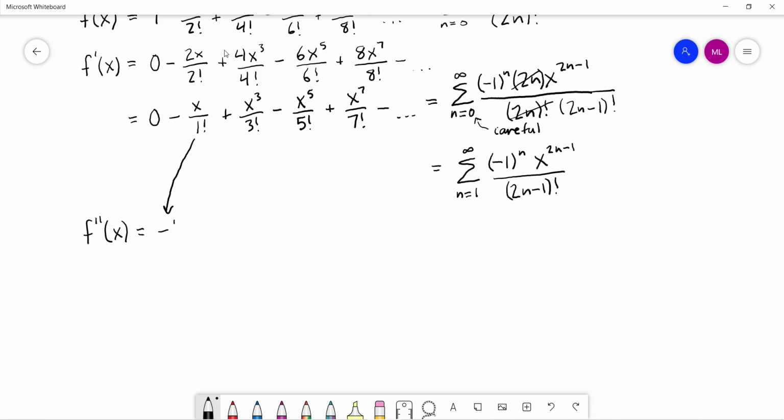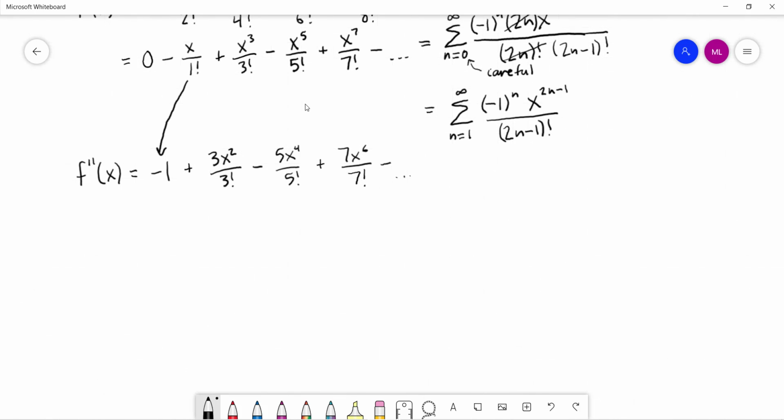This whole thing is just simply negative 1. What about this term? Well, that's going to be plus 3x squared over 3 factorial. And the next term will be minus 5x to the 4th over 5 factorial plus 7x to the 6th over 7 factorial minus dot, dot, dot.